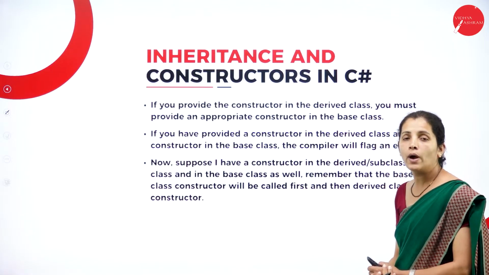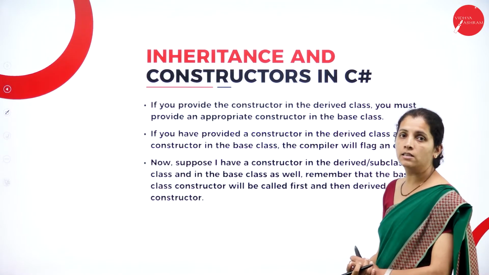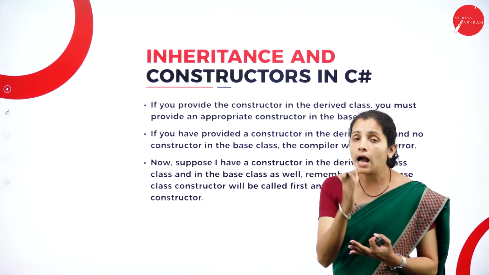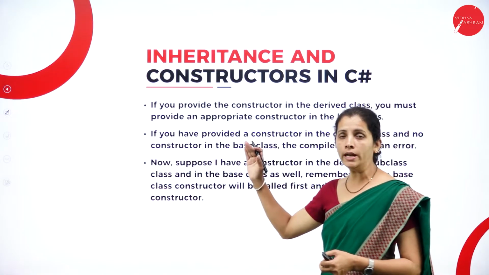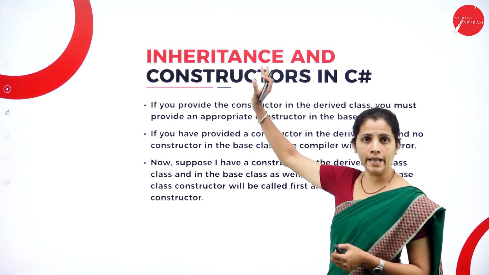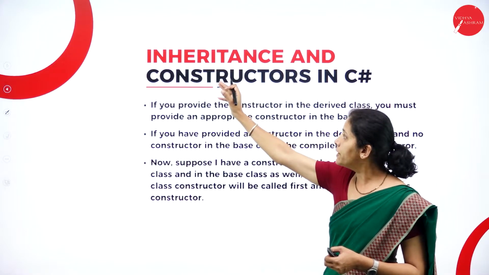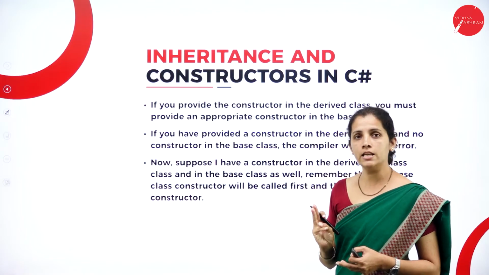Now I'm going to have inheritance as well as constructor. That means how I'm going to use constructor in my inheritance. So dear student, if I consider inheritance, it's nothing but reusability. And if I consider inheritance, I have base class as well as derived class.